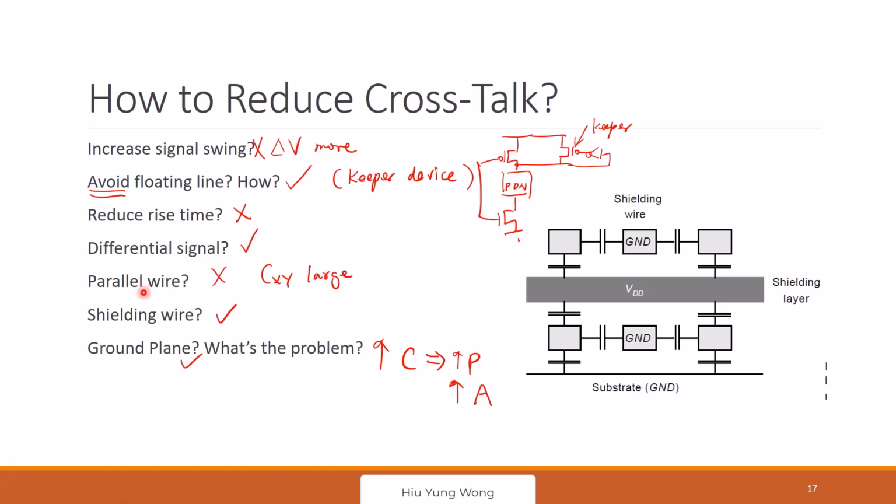For example, do not run your clock in parallel with the signal, right? And for example, rise time probably you cannot change much. If you can have differential signal, you use differential signal. If you can get a ground plane to shield it. Otherwise, yeah, it won't work. Your circuit just fails. Did I answer your question? I don't know if I answered.